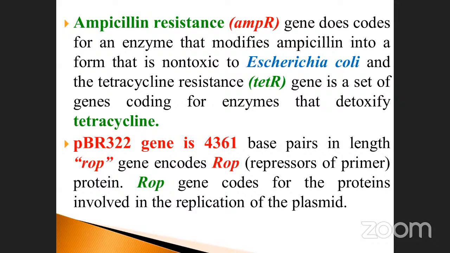And the tetracycline resistance gene is a set of genes coding for an enzyme that detoxifies tetracycline. These are very, very important. The gene resistant to ampicillin produces an enzyme, and likewise the tetracycline resistance gene also produces an enzyme that detoxifies tetracycline. These two enzymes are very, very important.